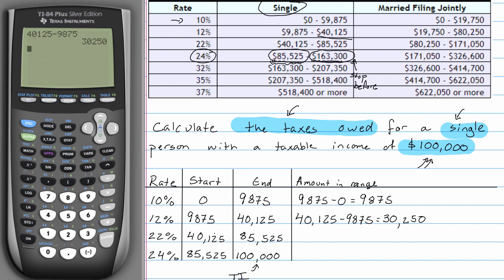And now they earn more money to take them from $40,125 to $85,525. How much is that?